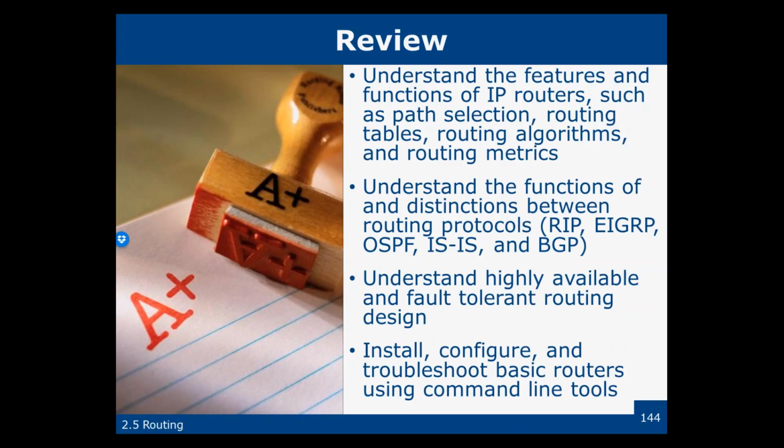You may have to figure out subnets on an IPv4, not actually do true subnetting, but figure out how many hosts you need. But I don't think you're going to get any very in-depth IPv6. Routing, I don't know. I've got to do a little more looking on it to see what kind of questions they ask on it.